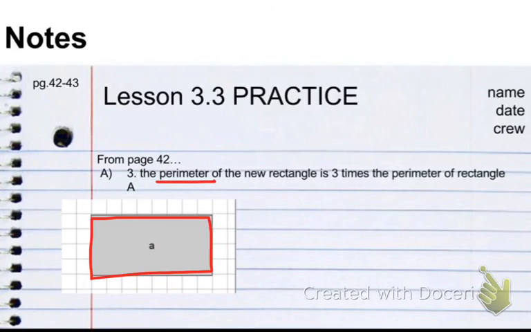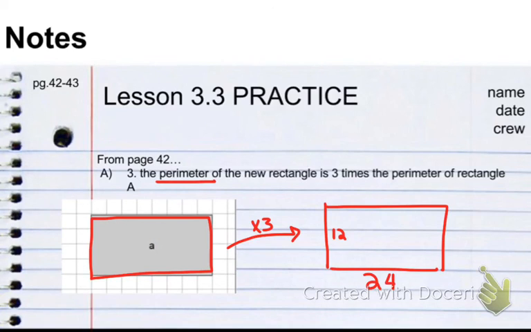So all I have to do is multiply everything by 3. So instead of being 4 wide, 4 tall, it's going to be 12, and instead of being 8, it is going to be 24. And if I wanted to double check that, if you check the perimeters of both of these, you would find them to also go up by 3.